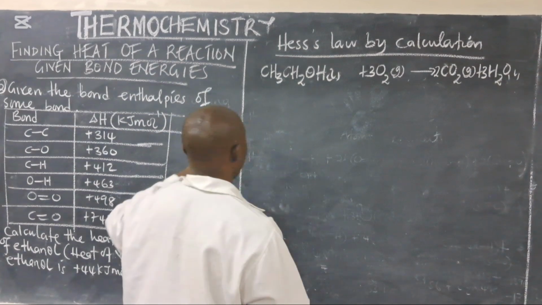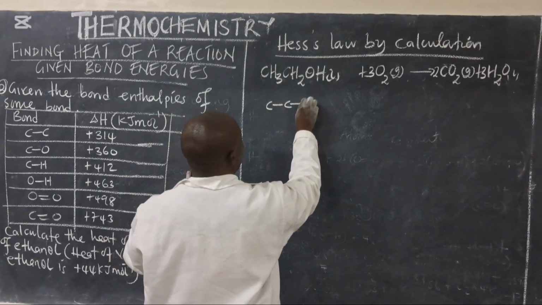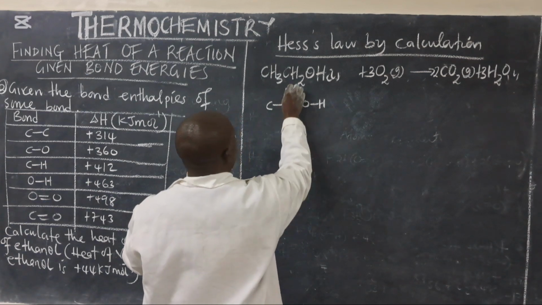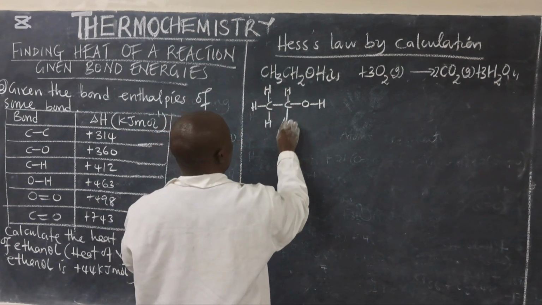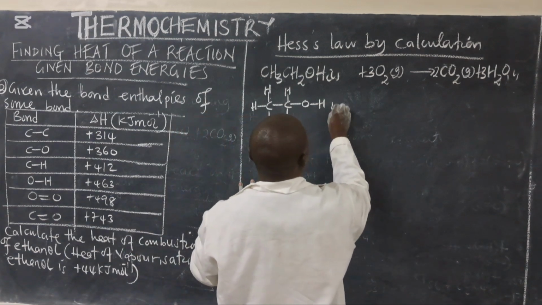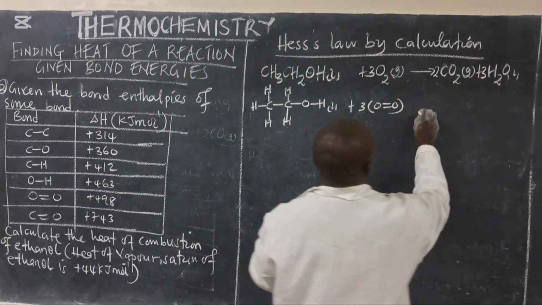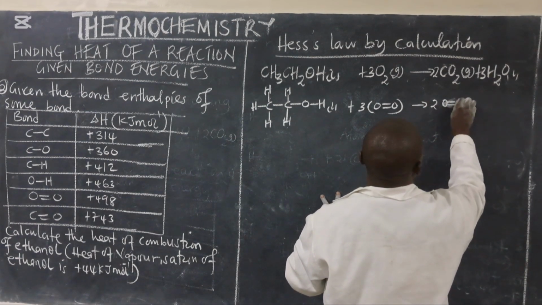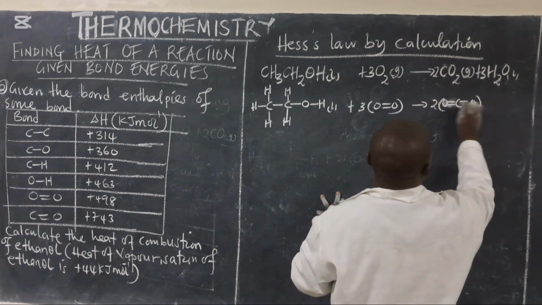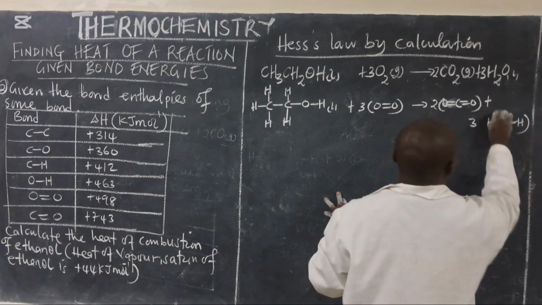Now let's expose the bonds first. So this is ethanol, exposing the bonds in liquid ethanol. So I have 3 of these bonds. Then this is 2 of these bonds. Then plus 3 of these bonds here.